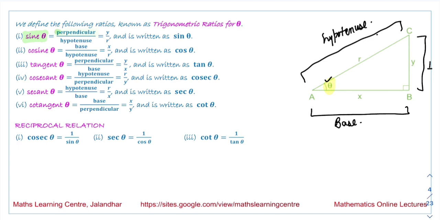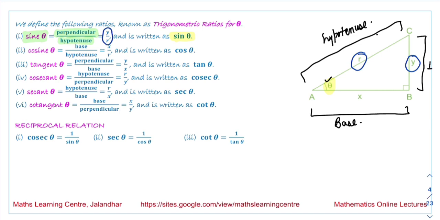Sine theta is perpendicular over hypotenuse. You have to remember this. The length of the perpendicular is y and hypotenuse is r, so the formula for sine theta is y by r. Sine theta we also write as sin theta. This is the short form we will use throughout this chapter.